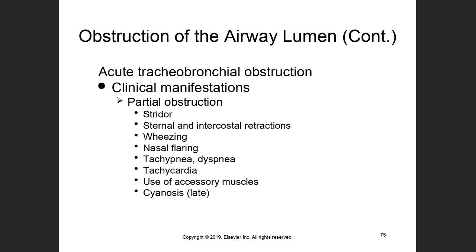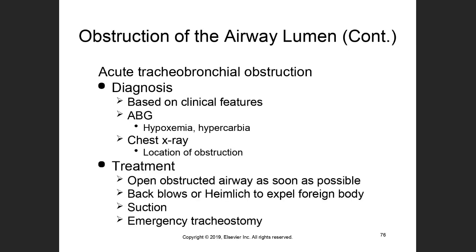Partial obstruction causes stridor, external. That's why you have to do a chest X-ray, to see at what level the obstruction is. According to the level of the obstruction is the therapy that you are going to use. You could use a bronchoscopy: you put a camera inside the mouth, and then you get the foreign body.